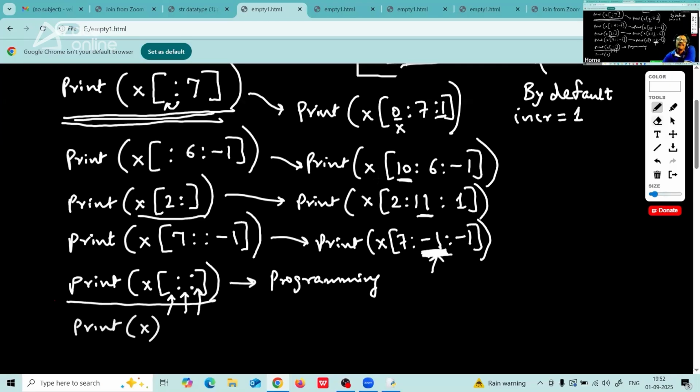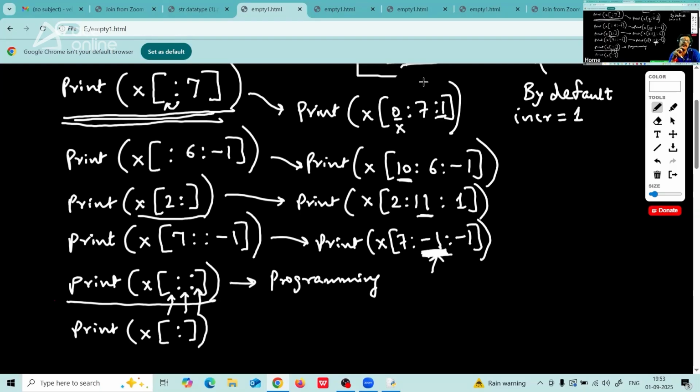Now, have a look at this. Suppose the statement given is like this: print x colon. That's it. Now, start is not given, stop is not given, and then there has to be one more colon actually.